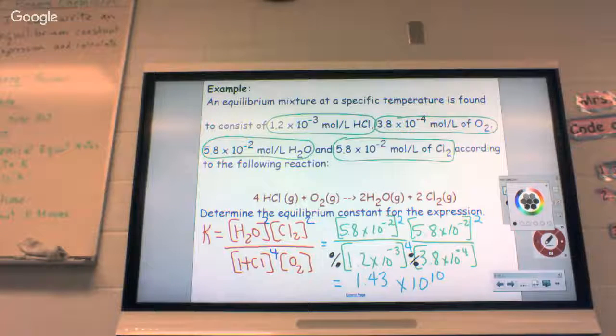Raised to the 4th. Divided by 3.8 second EE negative 4. Now, if you don't want to say divided by, you have to put that bottom in parentheses. I'm not doing the extra keystroke. So you divide by everything on the bottom, and you can avoid that.